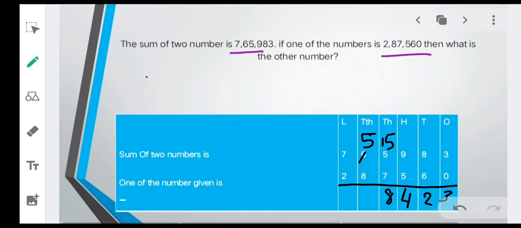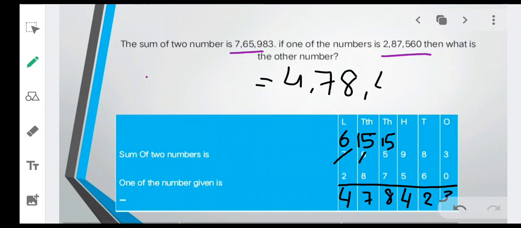5 minus 8 is not possible, so we go to the lakh column. 7 minus 1 becomes 6, and we give this one to the 10,000 column. So 15 minus 8 becomes 7. 6 minus 2, 4. See students, our final answer is 4,78,423.